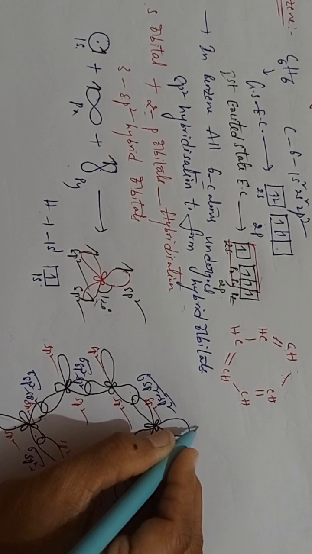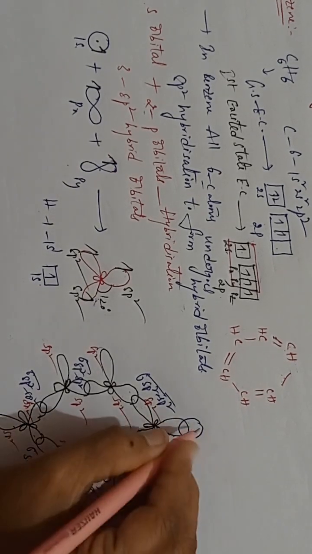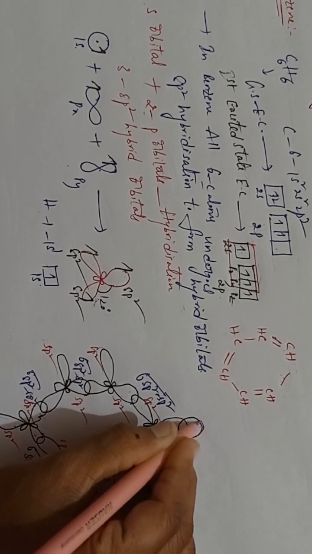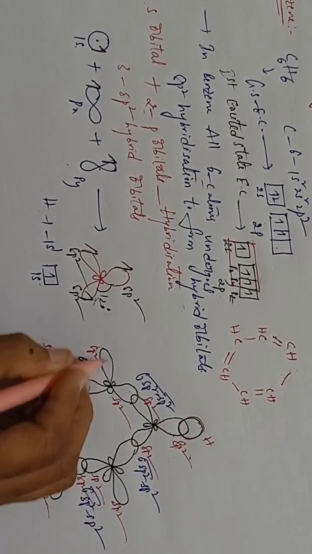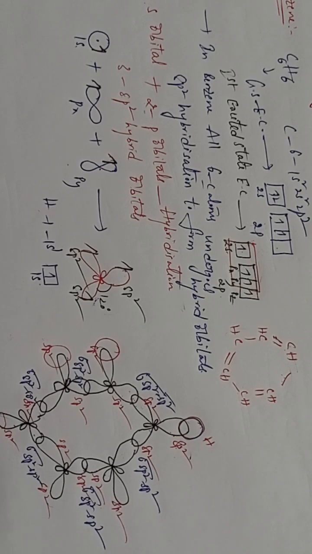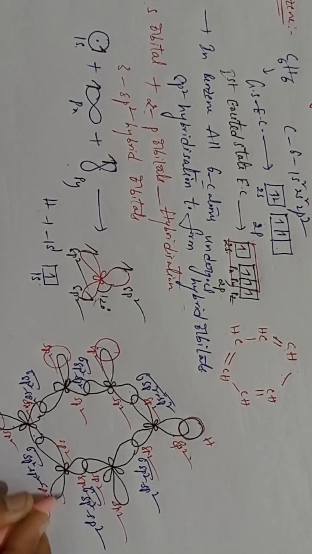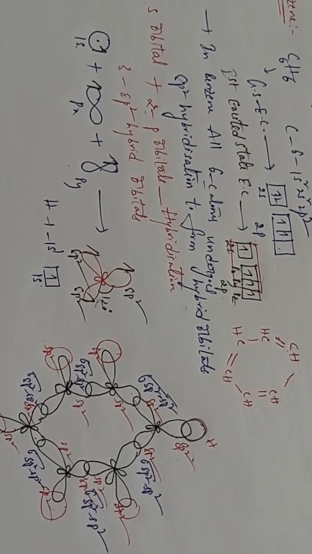Understanding? So here one hydrogen atom, it is a spherical shape, the hydrogen atom s orbital. This is a hydrogen atom s orbital, spherical shape, and here also an s orbital, spherical shape. Clear? S orbital, spherical shape.